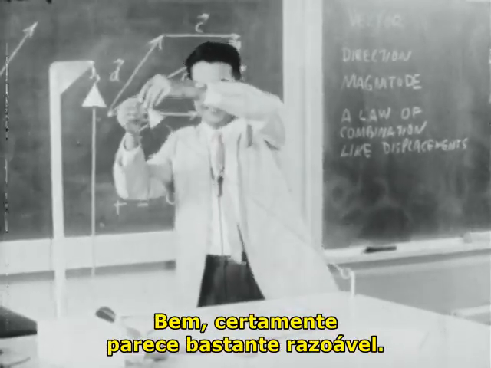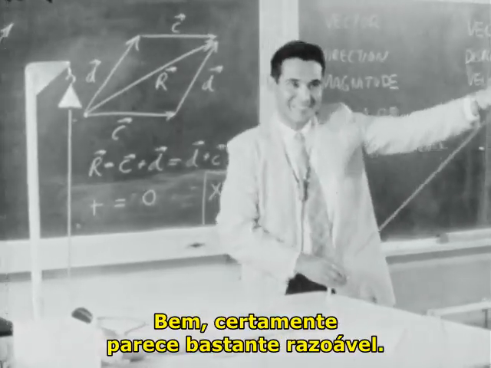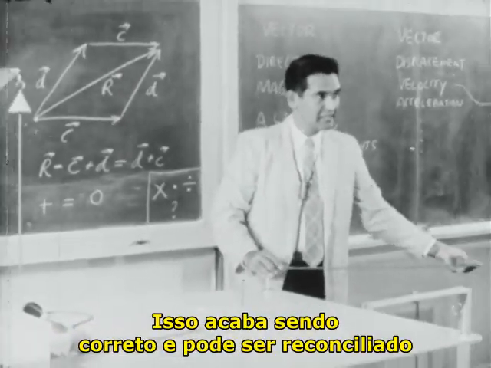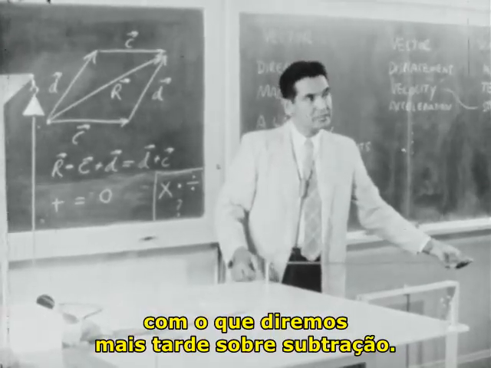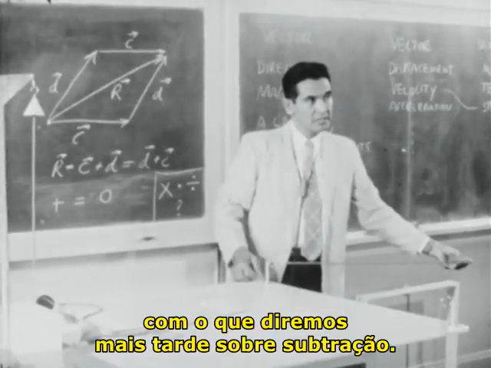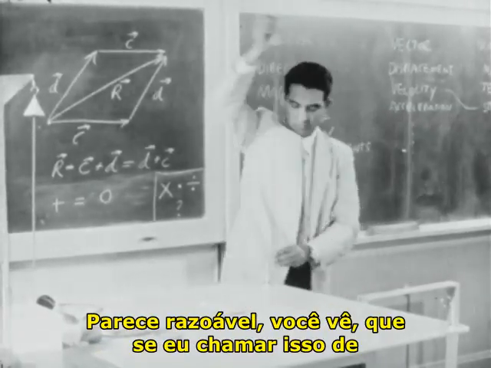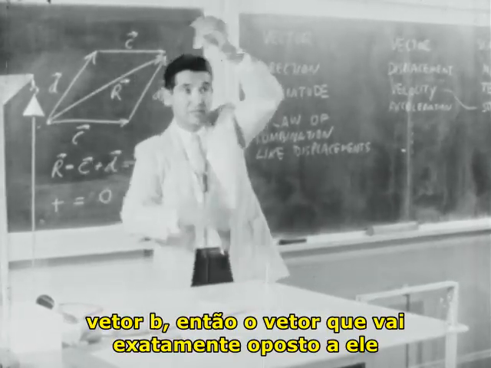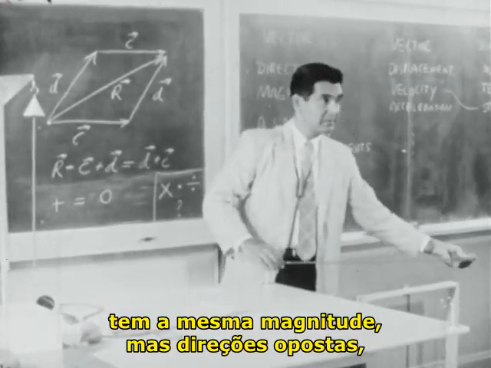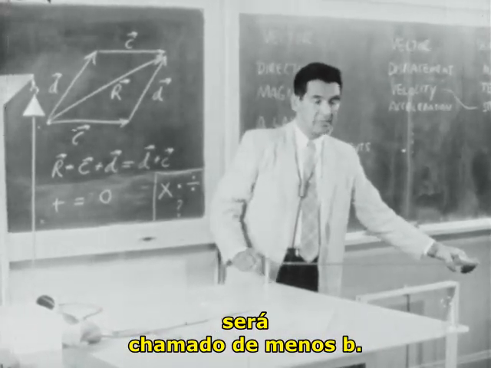Well, it certainly sounds reasonable enough. This turns out to be correct, and it can be reconciled with what we will say later about subtraction. It seems reasonable, you see, that if I call this vector b, then the vector that goes just opposite to it, has the same magnitude but opposite direction, will be called minus b.